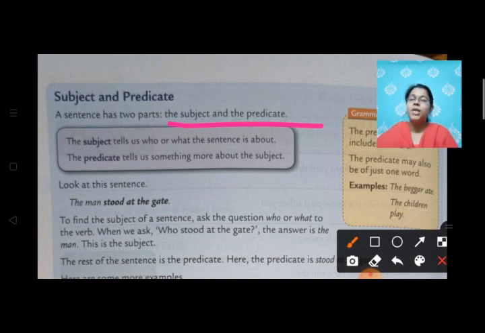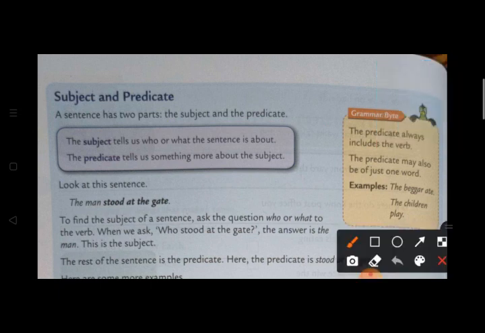Or the subject can also be the doer of the action. Action means verbs, right? The verbs in a sentence show you the action. Who is carrying out that action can also be the subject of the sentence. So you need to remember what the subject is in the sentence.